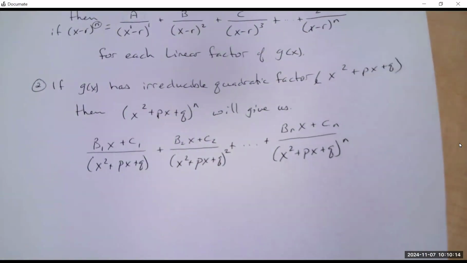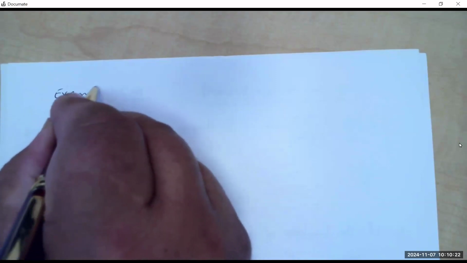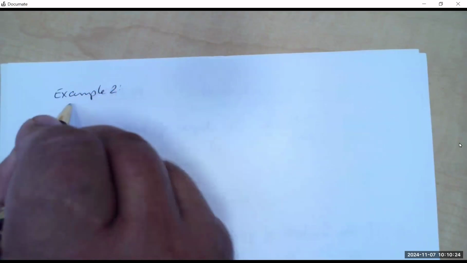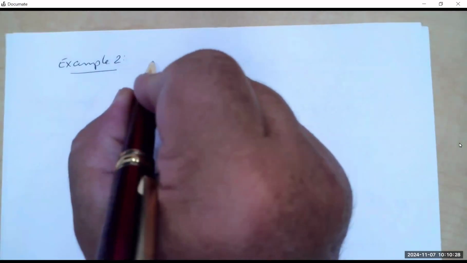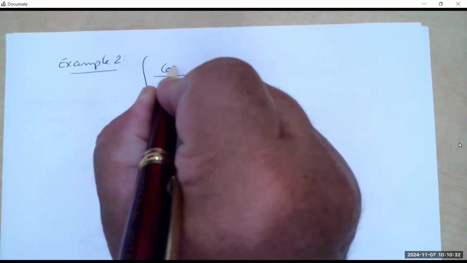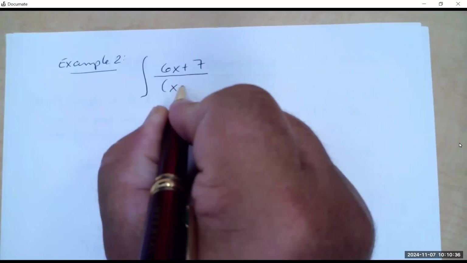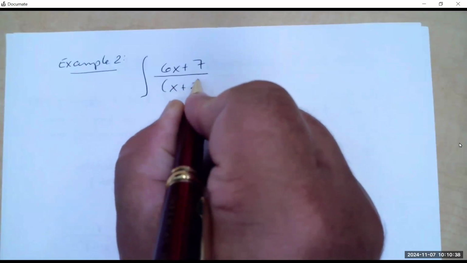Let's look at example 2, where we left off last time. Use partial fractions to integrate this rational function.